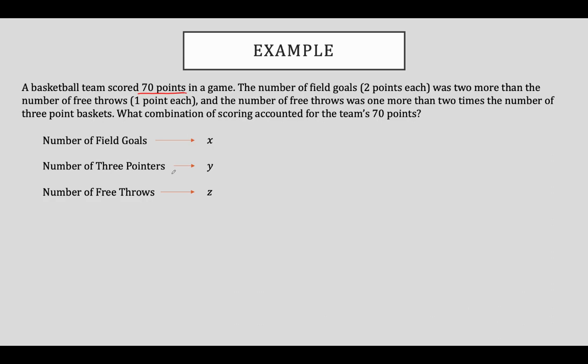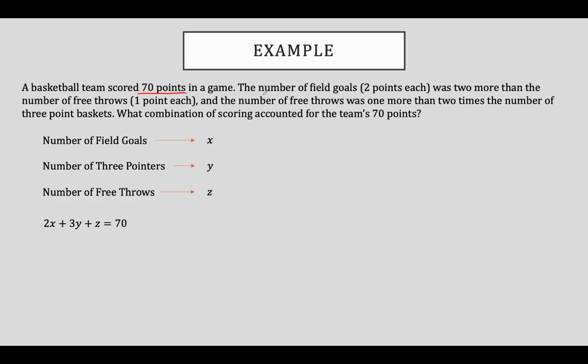Three pointers being worth 3 points each, 3y would give me the total points from my 3 point baskets. And because free throws are worth 1 point, 1 times the number of free throws will give me the total points from free throws. Adding those all together needs to give me 70. 2x plus 3y plus z is equal to 70.